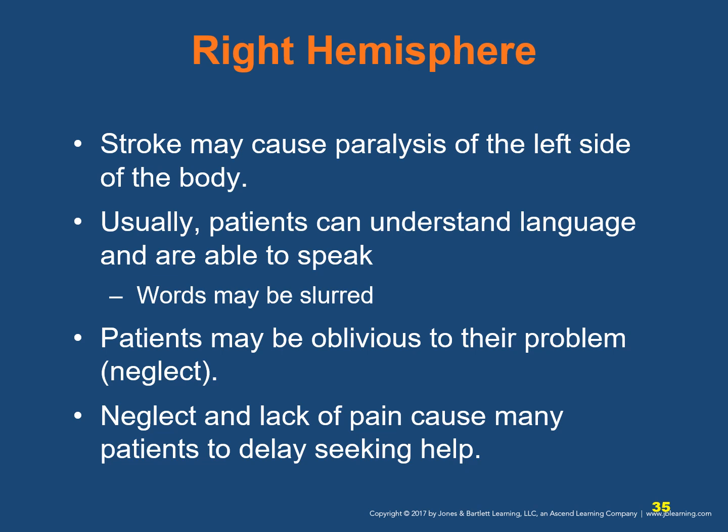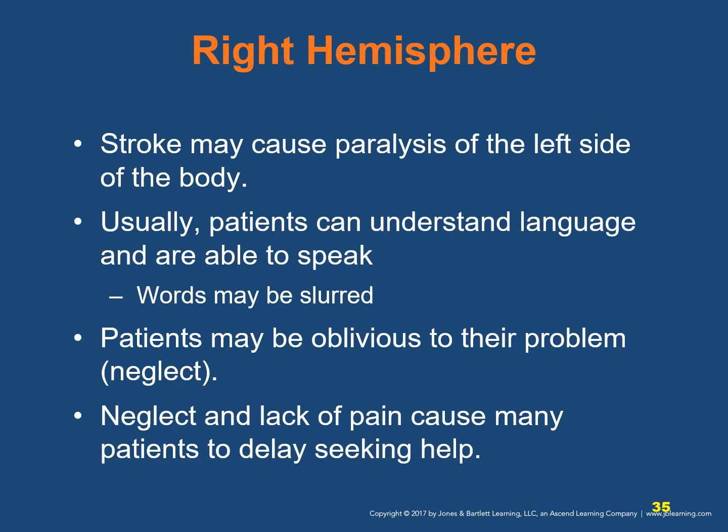Now, usually with a right hemisphere stroke, patients will understand language and be able to speak, but their words may be slurred and hard to understand. Patients may also be oblivious to their problem, and this symptom is called neglect. Patients with a problem affecting the back part of the cerebrum may neglect certain parts of their vision.